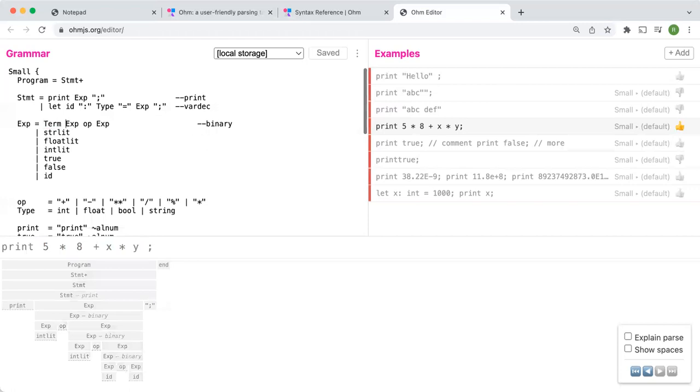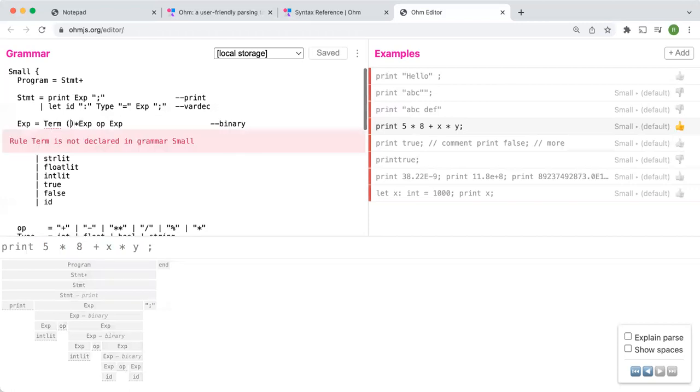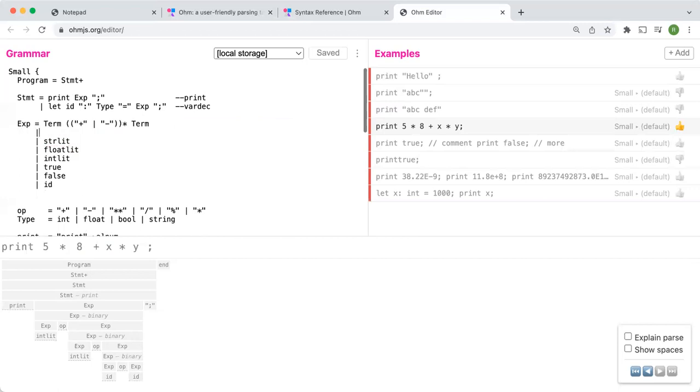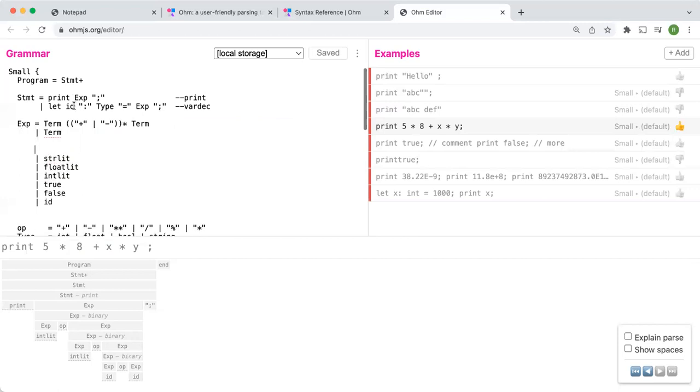We say an expression is a sequence of one or more terms separated by operators like plus and minus. So I'm going to put here a bunch of terms, or an expression could just be a single term, right? Sorry about that. I don't know why I did that.